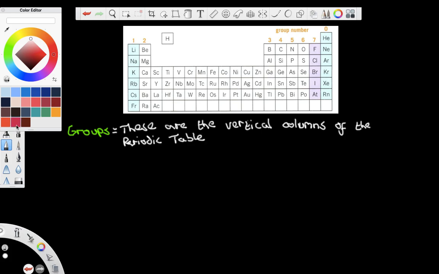Okay? So just to be clear, the groups run from top to bottom.